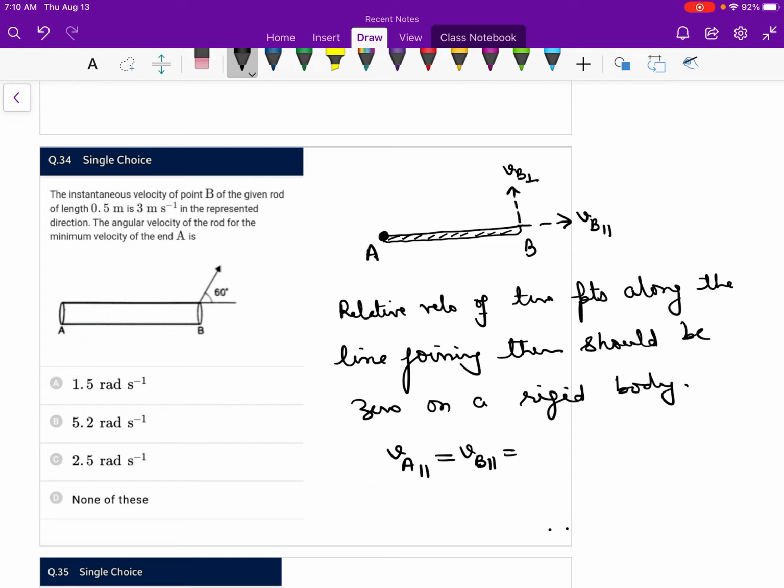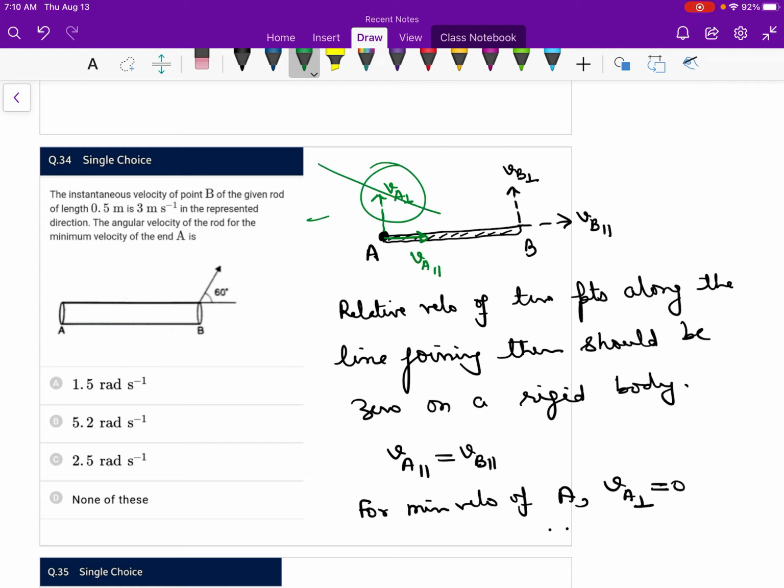So for minimum velocity of A, VA perpendicular is 0. All right. So only VB perpendicular is there. So now angular velocity is relative velocity perpendicular to the line joining the two particles upon separation.